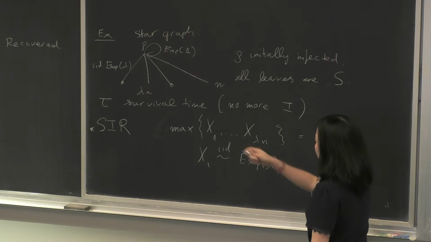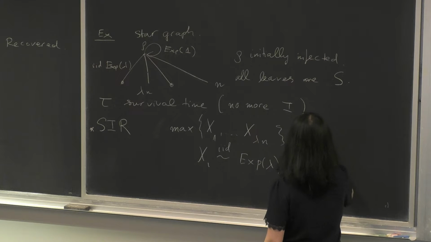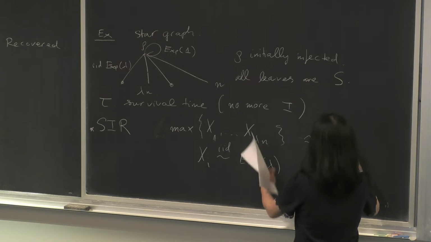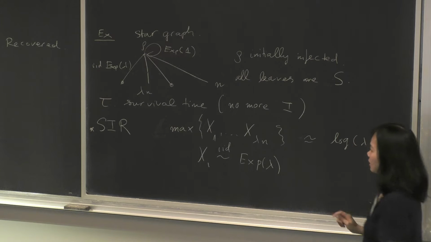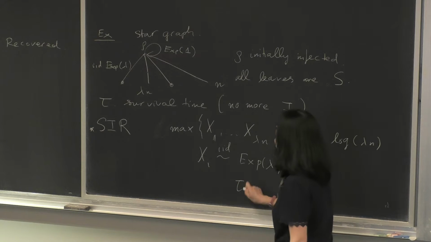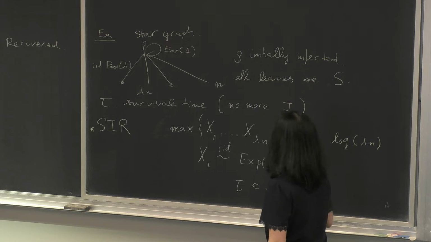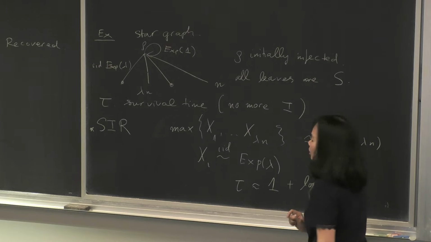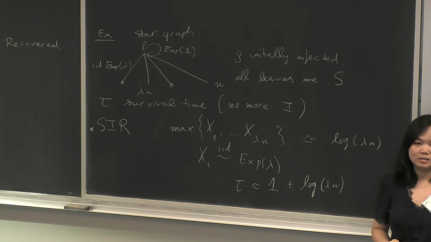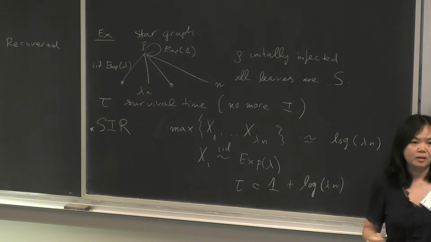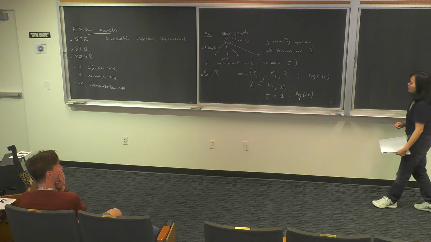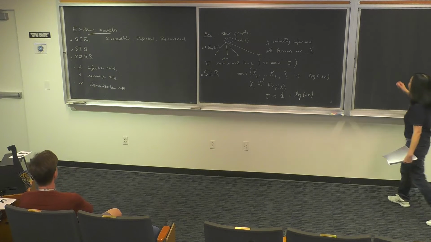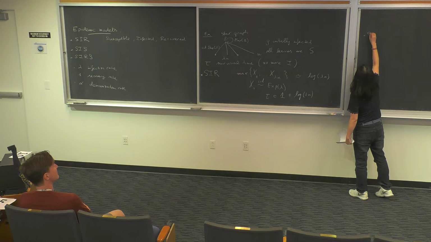And we know that this maximum is of order log of lambda n. So the survival time is going to be the time it takes for the root to recover plus the time it takes for the infected leaves to recover. So that would be what happens for the SIR. Now what about SIS?